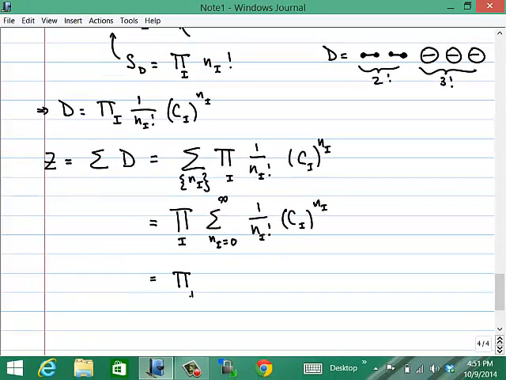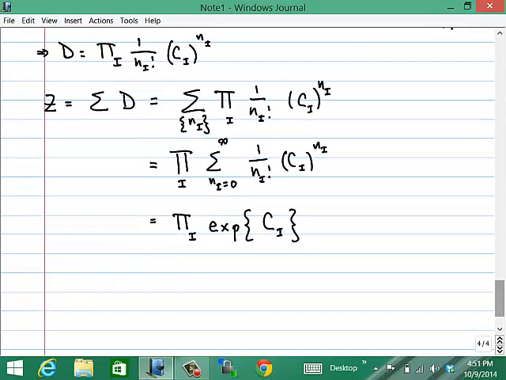So that's the product over all I of the exponential of C sub I, just performing the sum over n sub I. And then the product of a bunch of exponentials is the exponential of the sum.